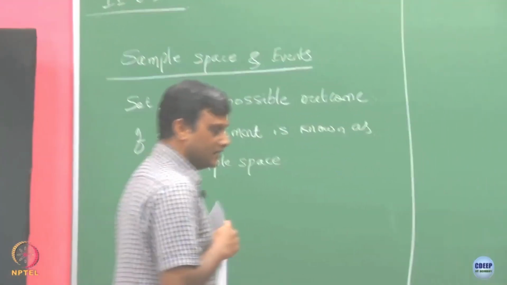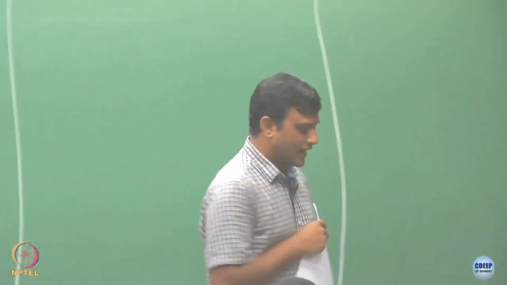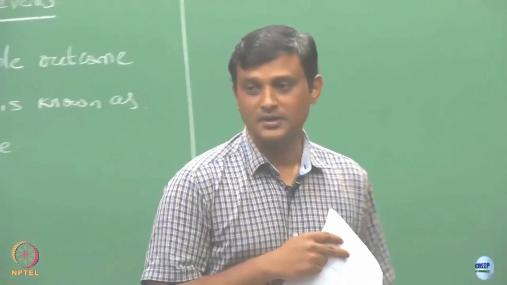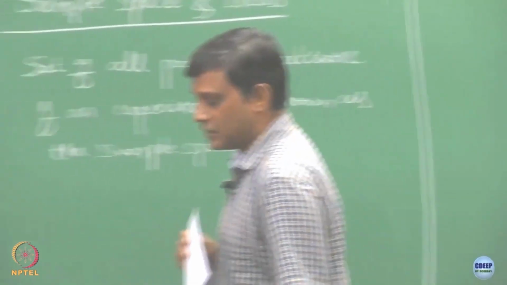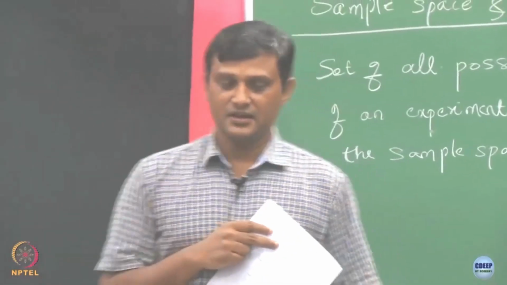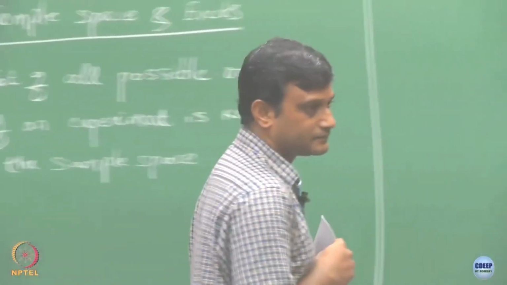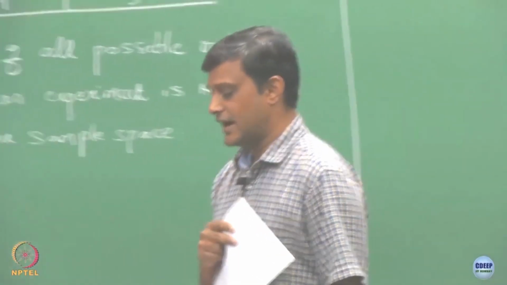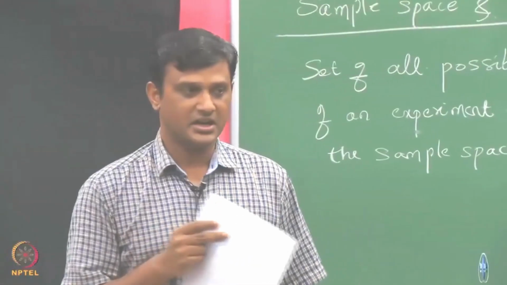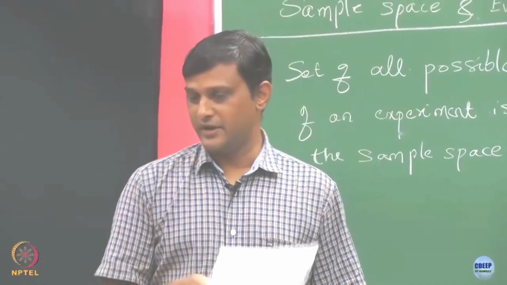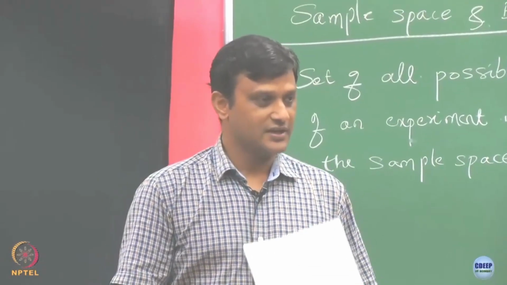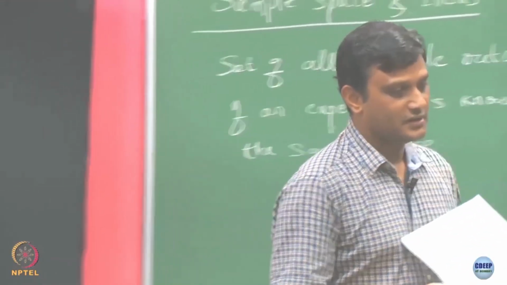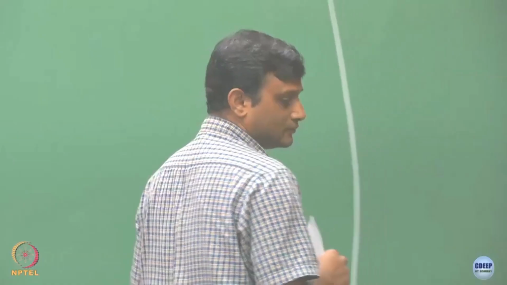But now let's say you have a toss of a coin. Can I consider this as a random experiment? The outcome could be head or tail, right? Each of head and tail can happen. I can't know a priori when you toss a coin whether it is going to be head or tail.